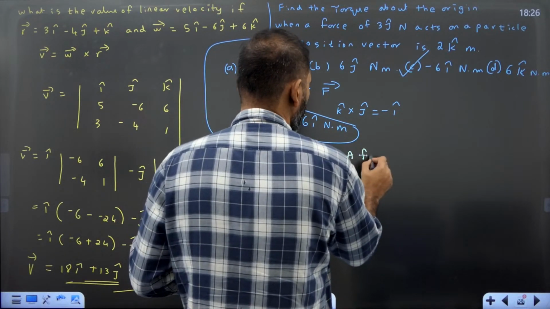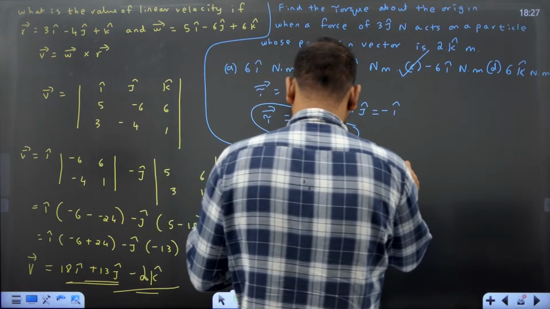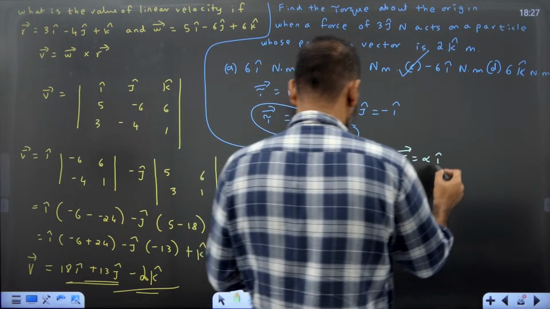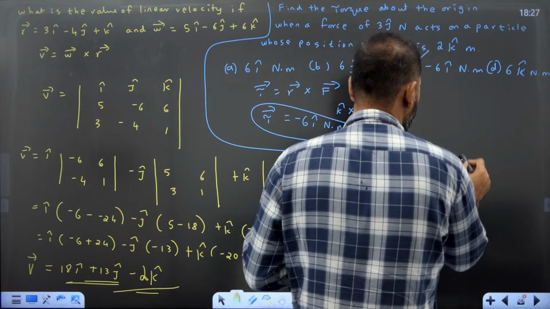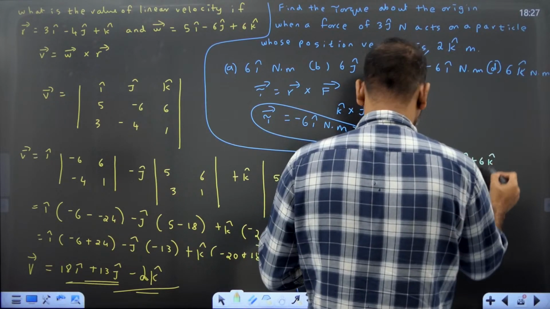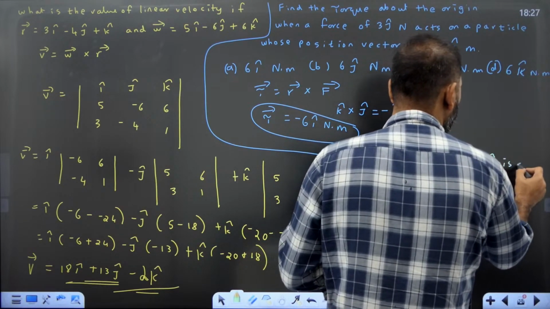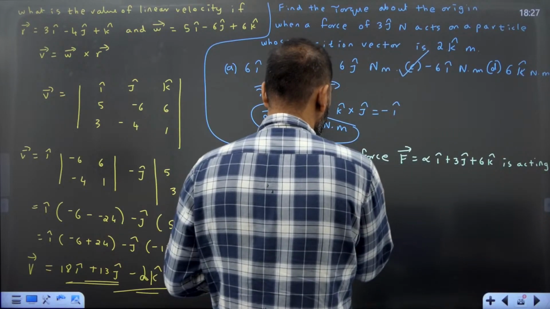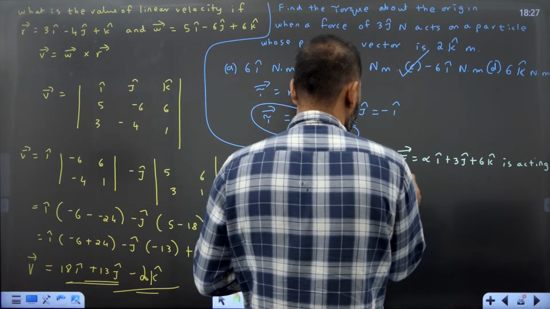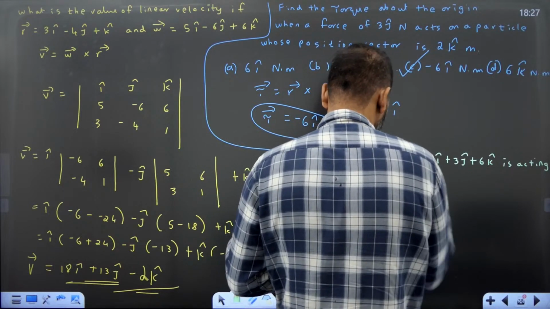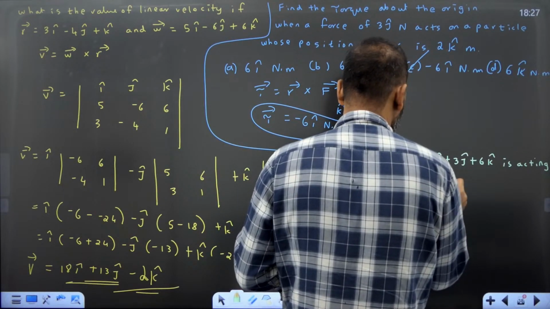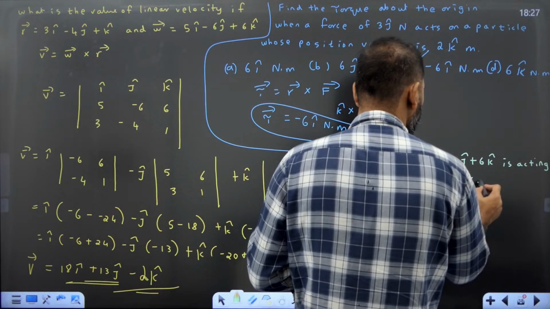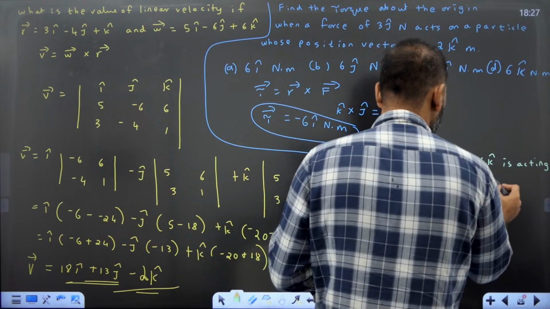A force F vector is equal to alpha I cap plus 3J cap plus 6K cap, acting at a point R vector is equal to 2I cap minus 6J cap minus 12K cap.